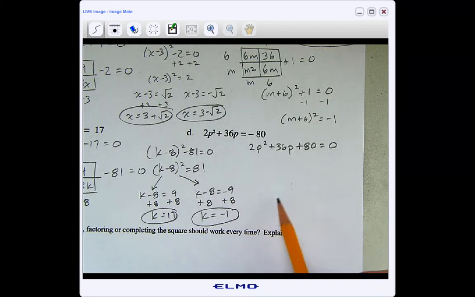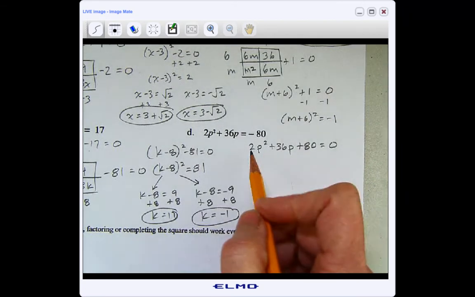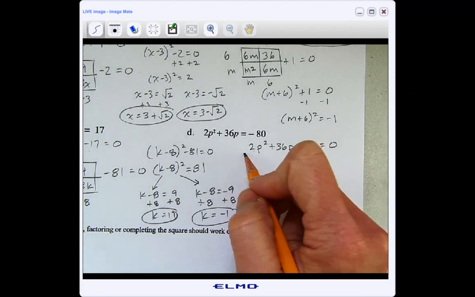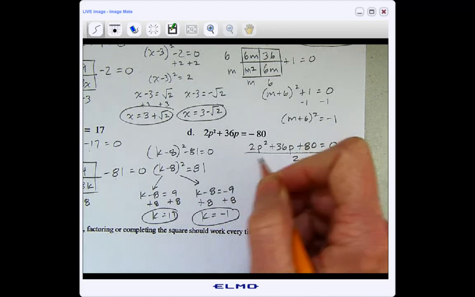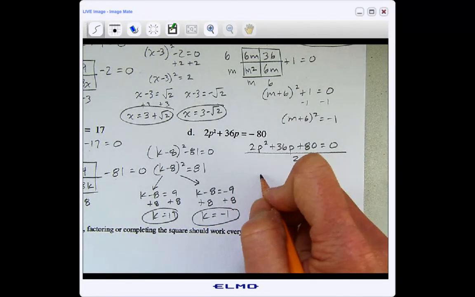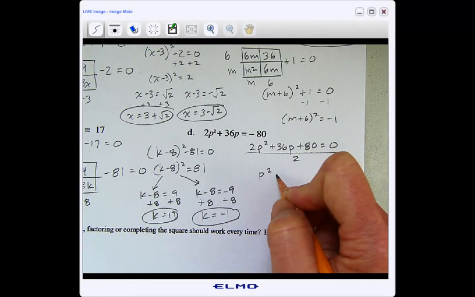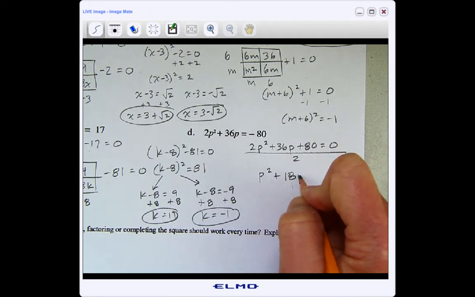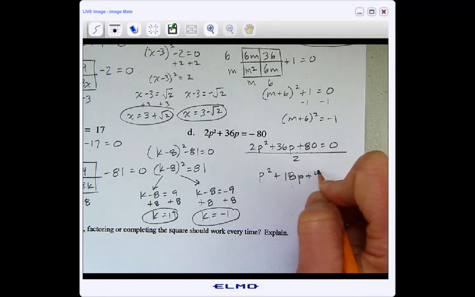So if I had 2p squared, I would actually have to take the square root of 2p on each side. So it would make it kind of complicated to complete the square with that 2. So I'm going to go ahead and just divide everything by 2. Everything, okay? So it makes that square a little easier if I don't have an a value that's just 1. So I've got p squared plus 18p plus 40 equaling 0.